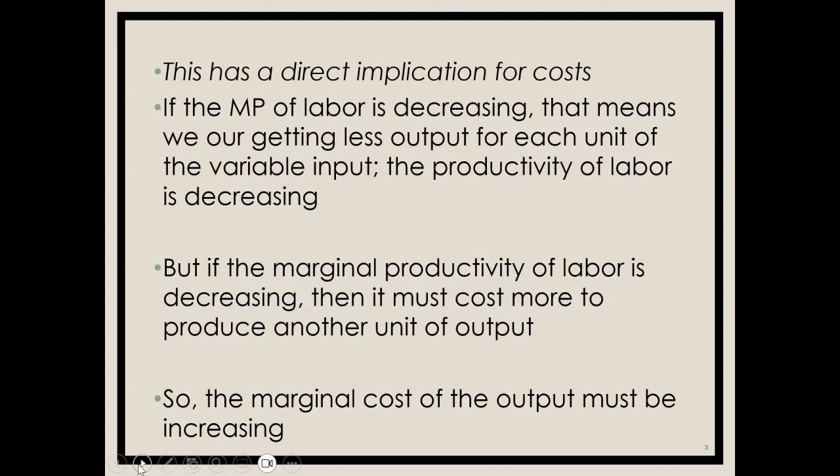But each worker is going to contribute a little bit less, and they're going to cost the same. So that means it must cost more to produce that additional unit than the previous units we produced. As a direct result of the law of diminishing returns, the marginal cost of the output must be increasing.